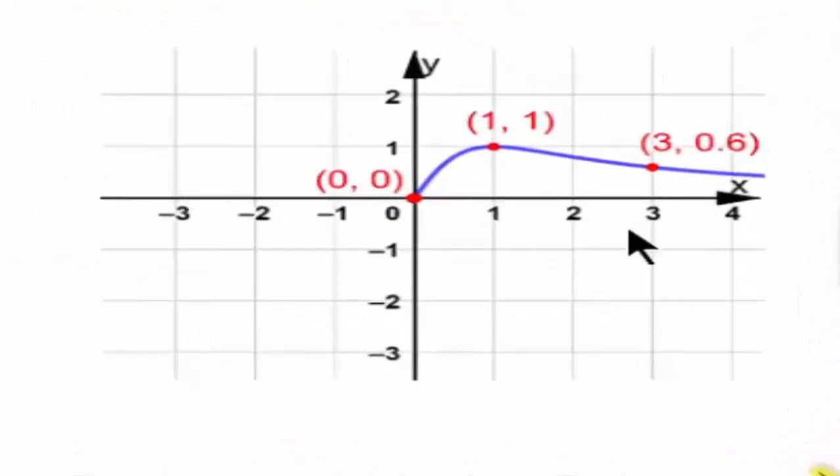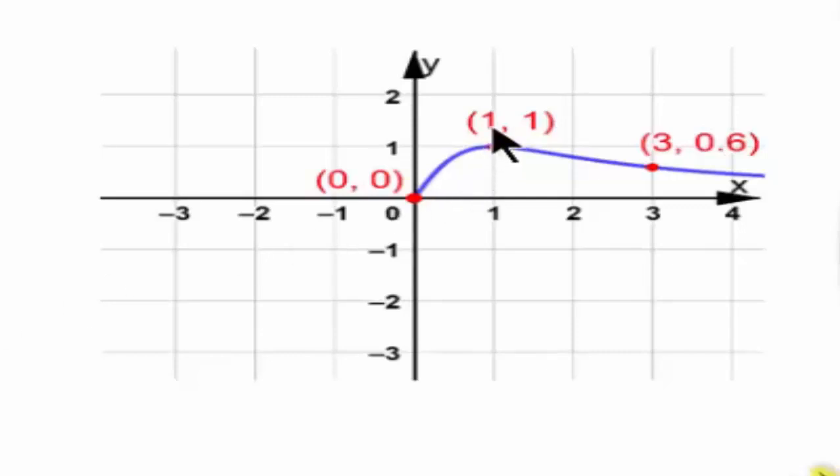In this graph we have the part in quarter number 1. The other part will be in quarter number 3. To draw that graph, take all points with the opposite sign.